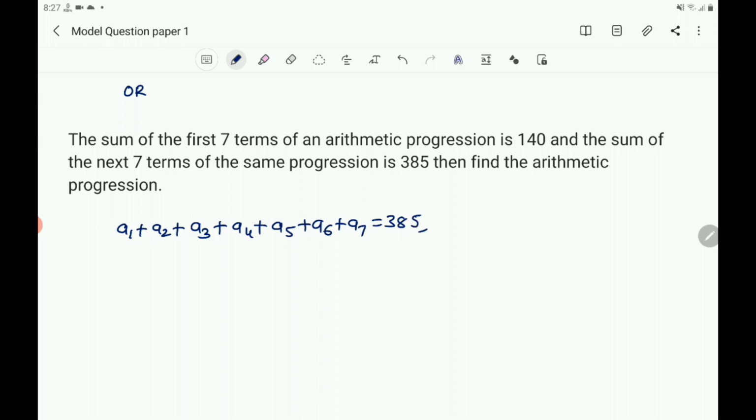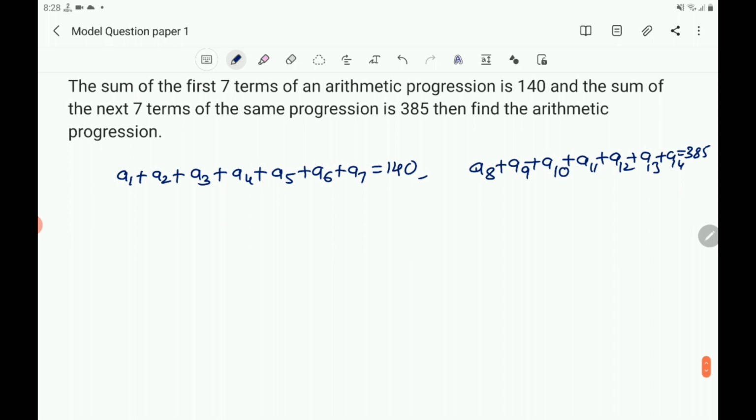And also next 7 terms means A8 plus A9 plus A10 plus A11 plus A12 plus A13 plus A14 equals how much? This is 140 and this is 385.